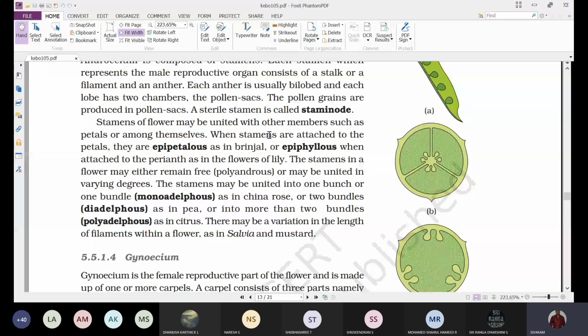And in the case of mustard also, the stamens are of varying length because of the varying length of the filament. That means the lengths of all the stamens in a flower need not be equal. They may vary in their length.